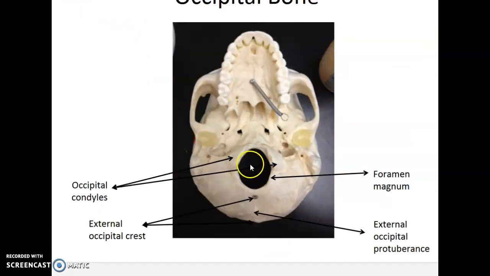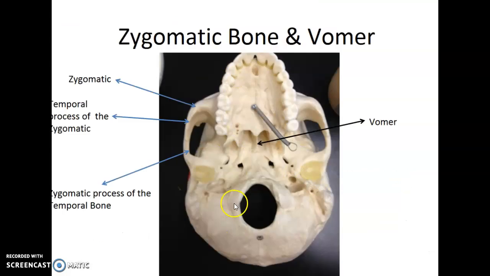Again, we actually see the foramen magnum, we see the crest, we see the protuberance here, but this kind of rounded area right here, that literally is what sits on the C1 vertebrae, is the occipital condyle. A condyle is a rounded area where two bones articulate. So where the occipital bone articulates with our vertebrae is right in those little areas. Here's basically the same view, but maybe you can see it a little bit easier. That rounded area right through there, and that rounded area right through there, occipital condyles.